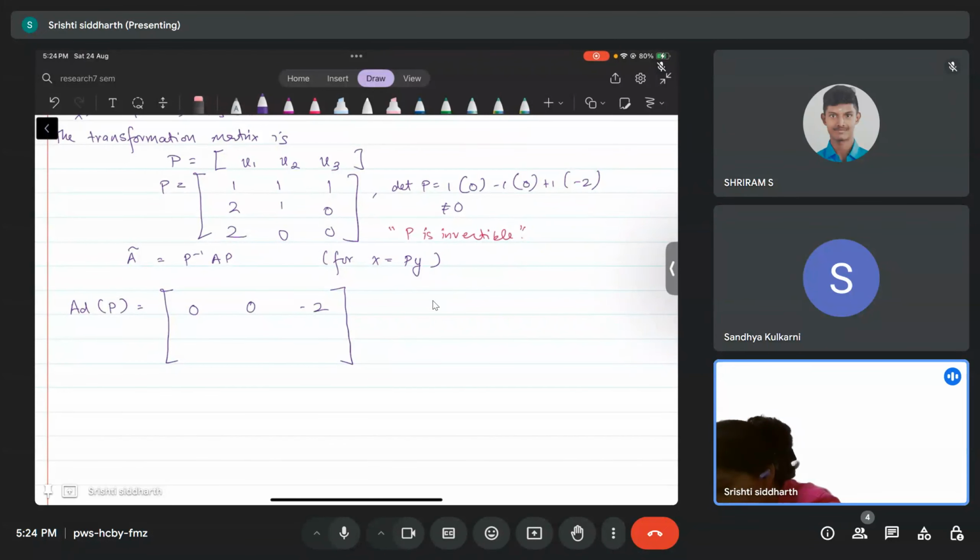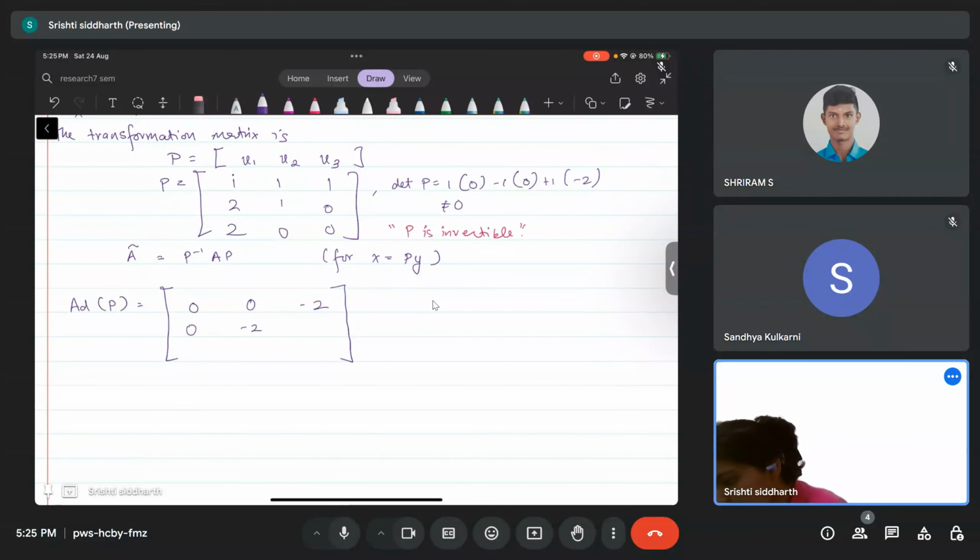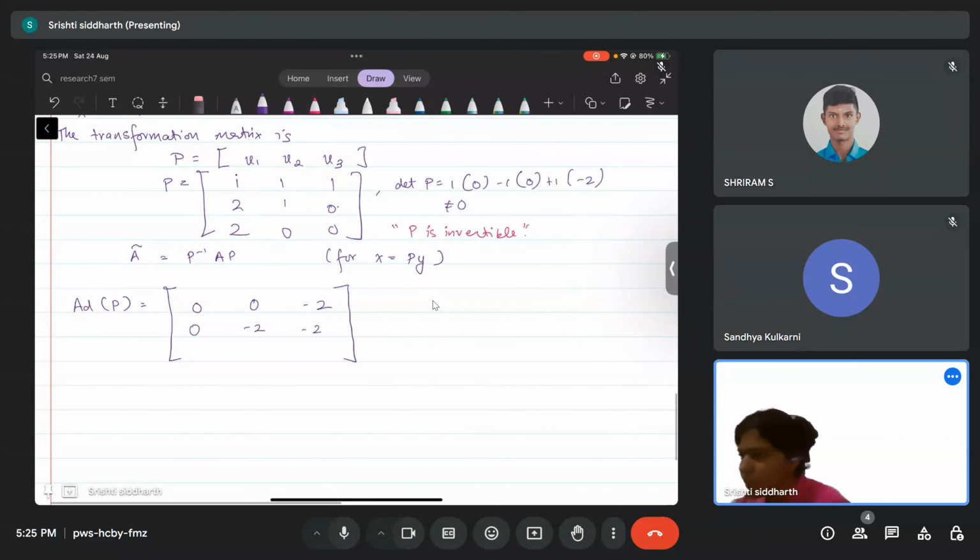Then for the next row, it's 0, and then for this we have -2, and for this element, still -2.